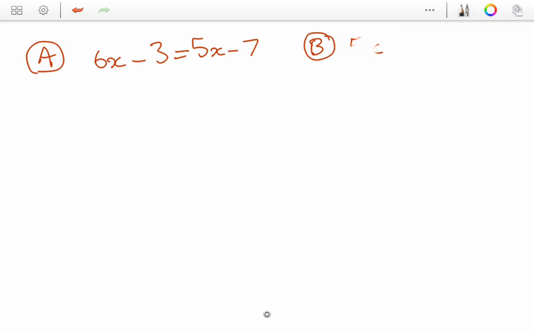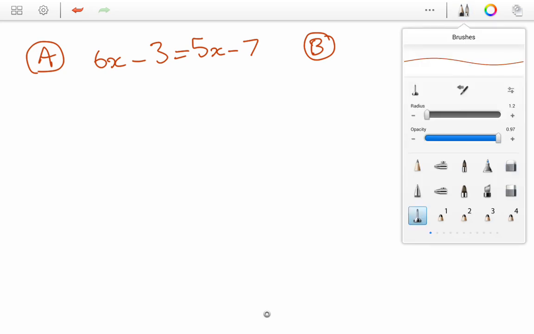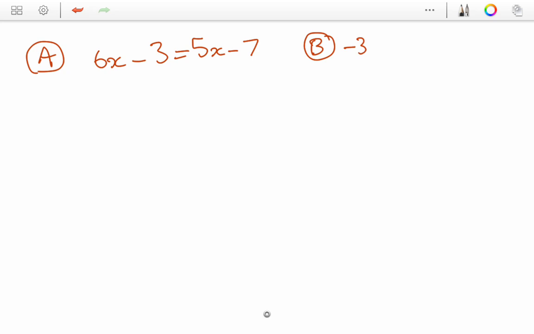I think this is too easy for you guys. Let's have minus 3x plus 5 equals minus 6x plus 1. Pause and have a go if you'd like.